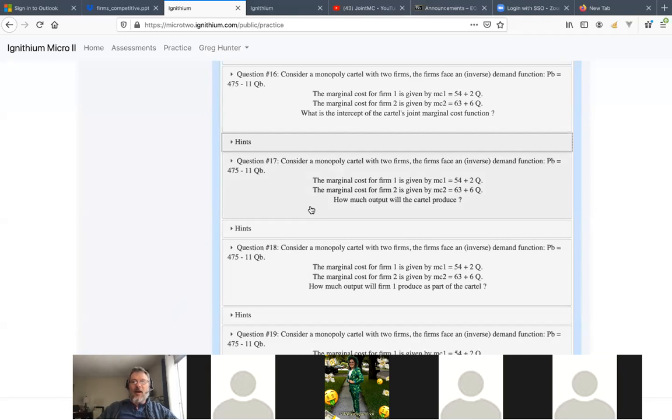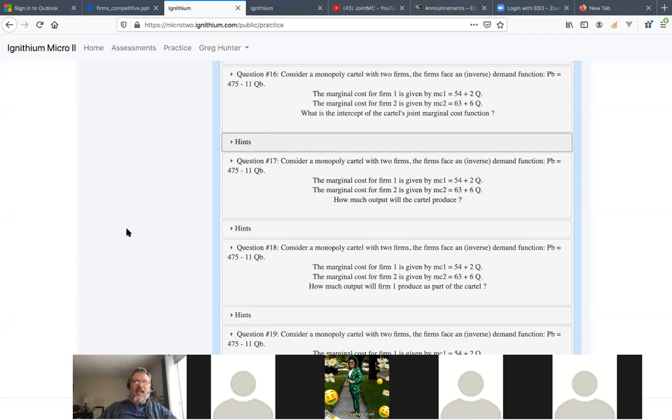Now note all we did is find the equation for the joint marginal cost, the one that Jin had typed in for us. So now we have to calculate how much output the cartel will produce.